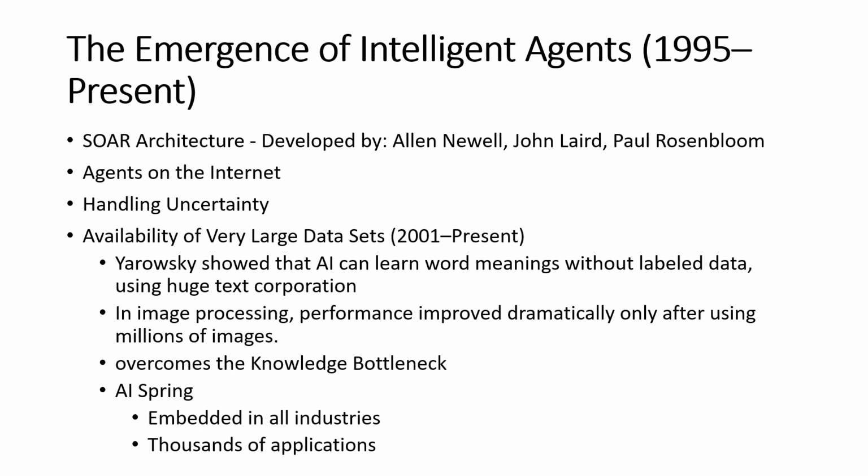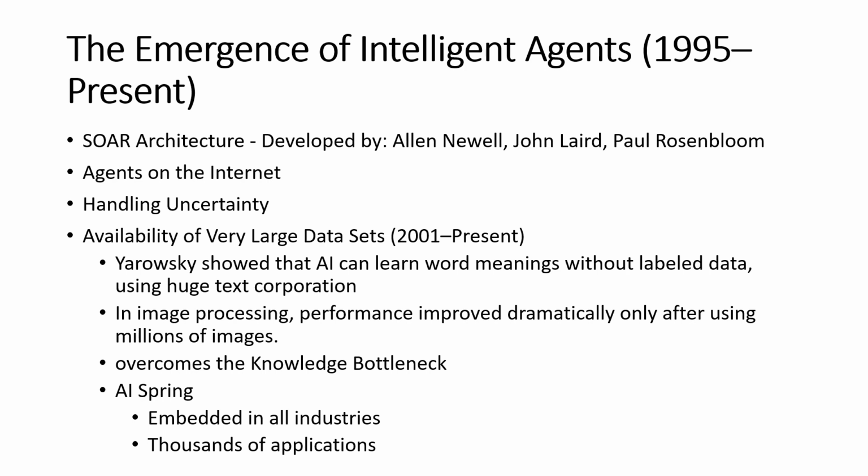So from 2001 onwards, very large data sets became available. Yarowsky showed that AI can learn word meanings without labeled data using huge text corpora. And in image processing, performance improved dramatically only after using millions of images. From 2001 onwards, the web provides trillions of words and billions of images.